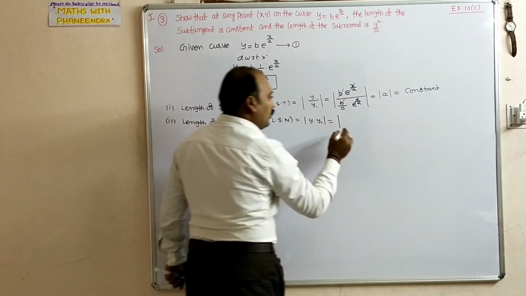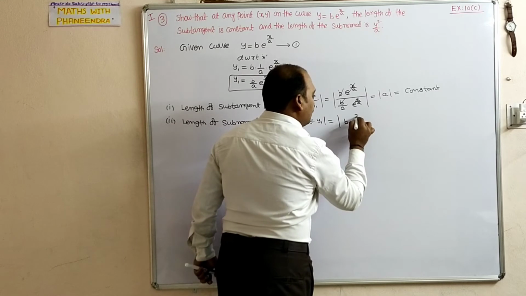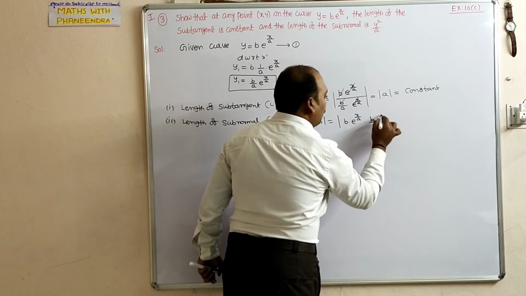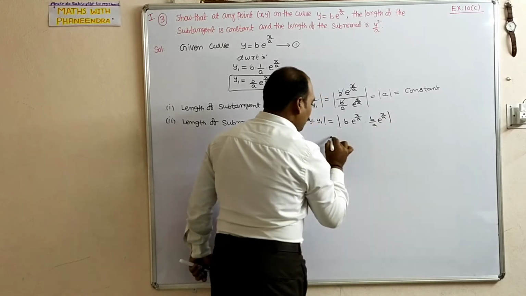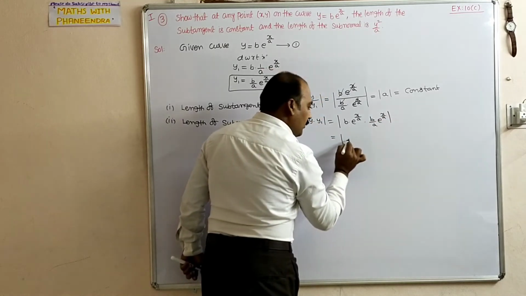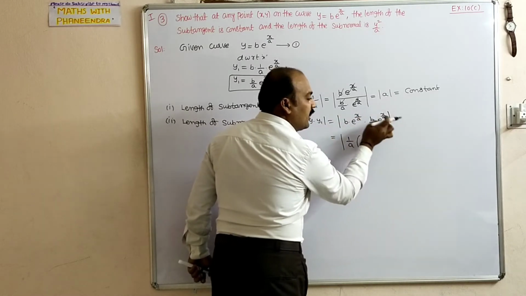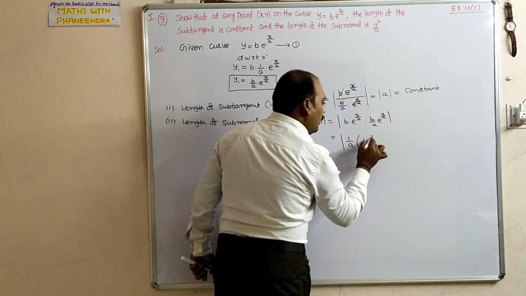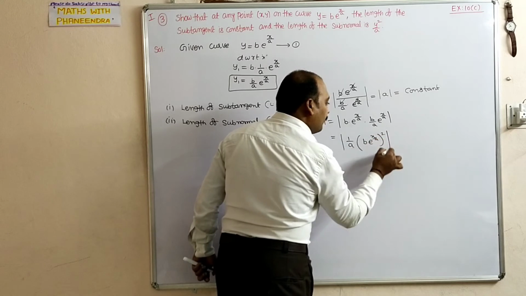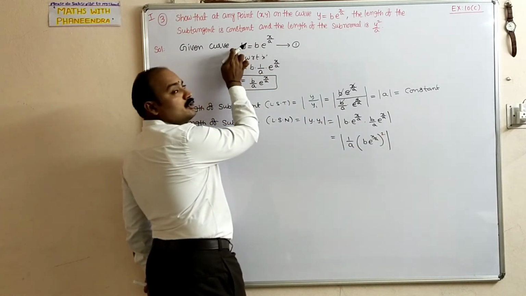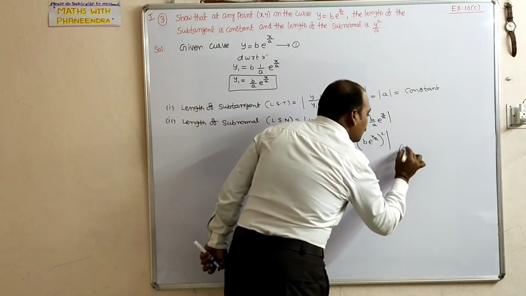Mod y value is b times e power x by a into b by a times e power x by a, which is equal to 1 by a times b times e power x by a, b times e power x by a, b into e power x by a whole square. From equation 1, what is the value of b into e power x by a? y.